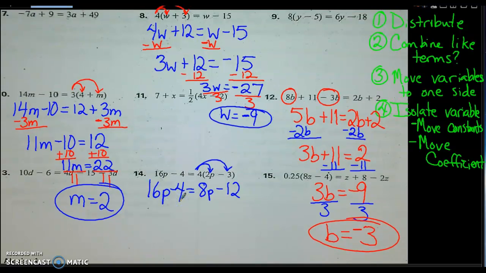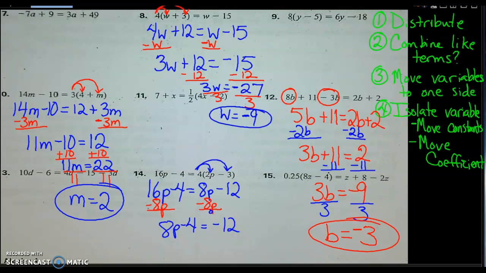Okay? Now, do I have to combine like terms? No, I don't. But, do I have to move variables? Yes, I do. Minus 8p, minus 8p. Okay? That's going to leave me with 8p minus 4 equals, those zero out, that leaves me with negative 12.